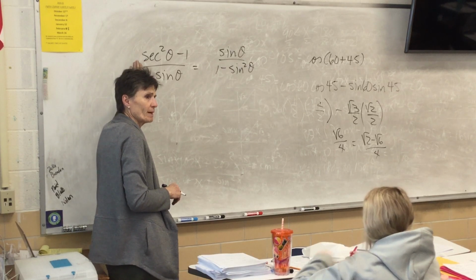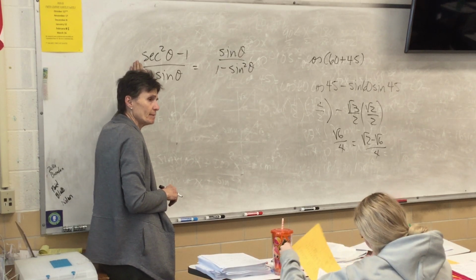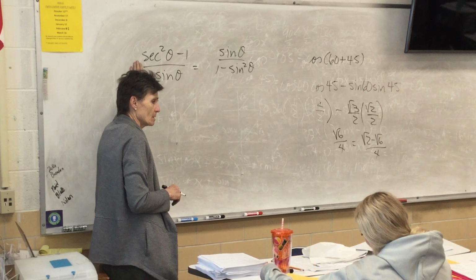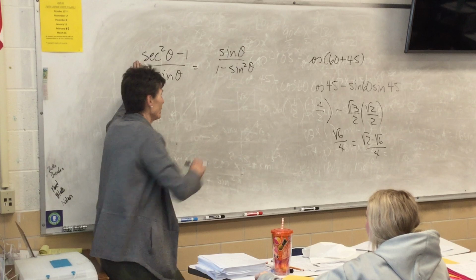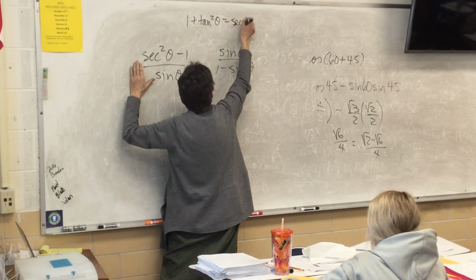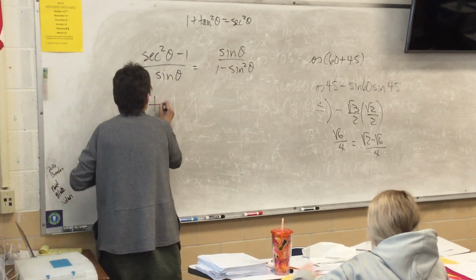And secant squared minus 1 rings a bell to me. What is secant squared minus 1? Let's see, 1 plus tangent squared is secant squared. So isn't this tangent squared?